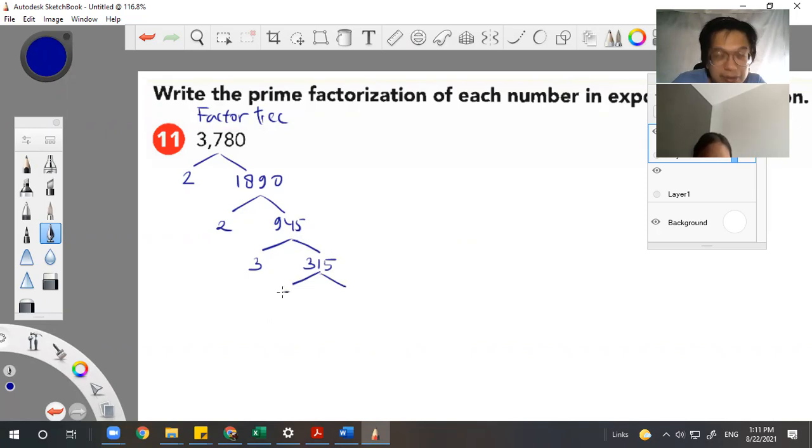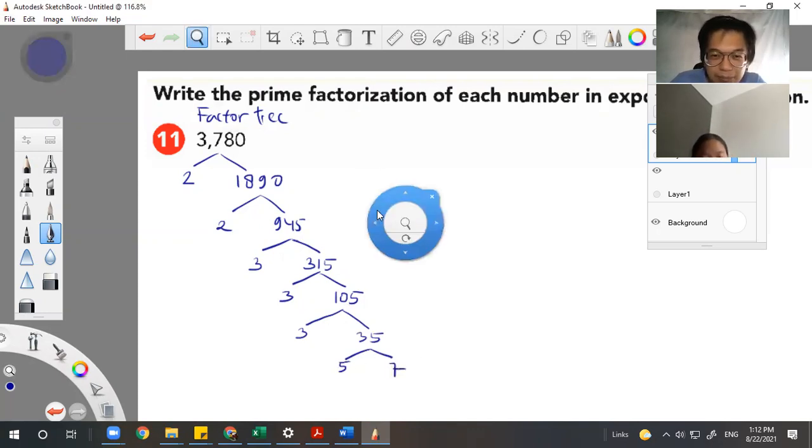And then another 3. 105, right? Okay, I try to do it slowly. 3 again. What will it become? 35. Okay, thanks. So 35 divided by 5 is 7, right?